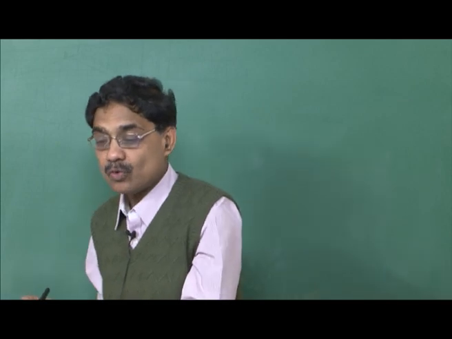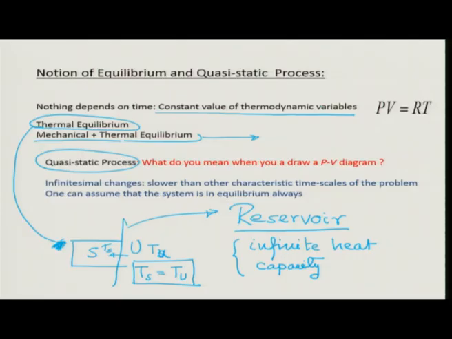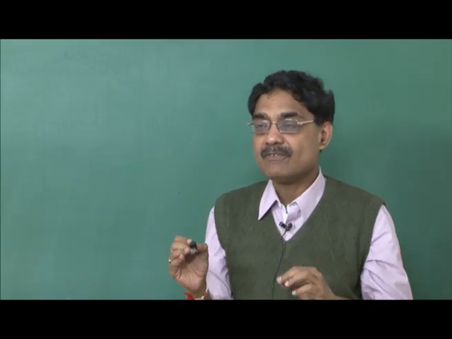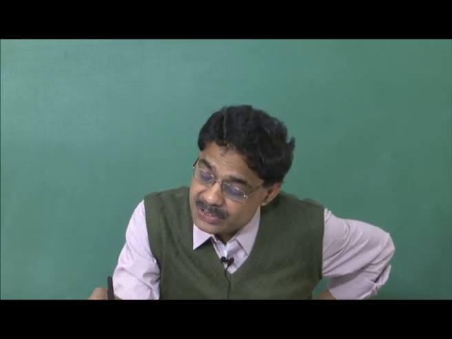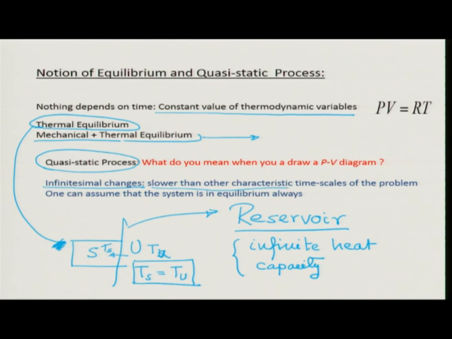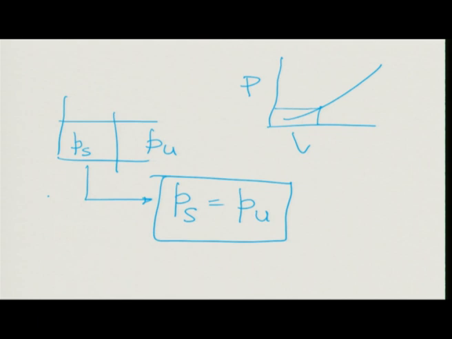I am changing the parameters, be it movement of the wall or supply of heat, very, very slowly. There is an infinitesimal change, slower than any other characteristic time scale of the problem. More importantly, I am making a change, but at every instant I can assume that the system is in equilibrium.